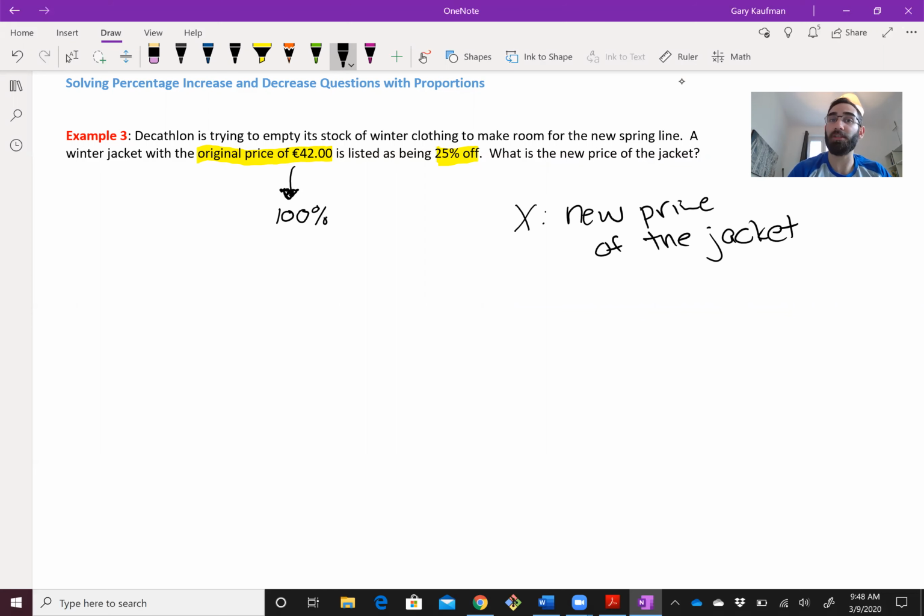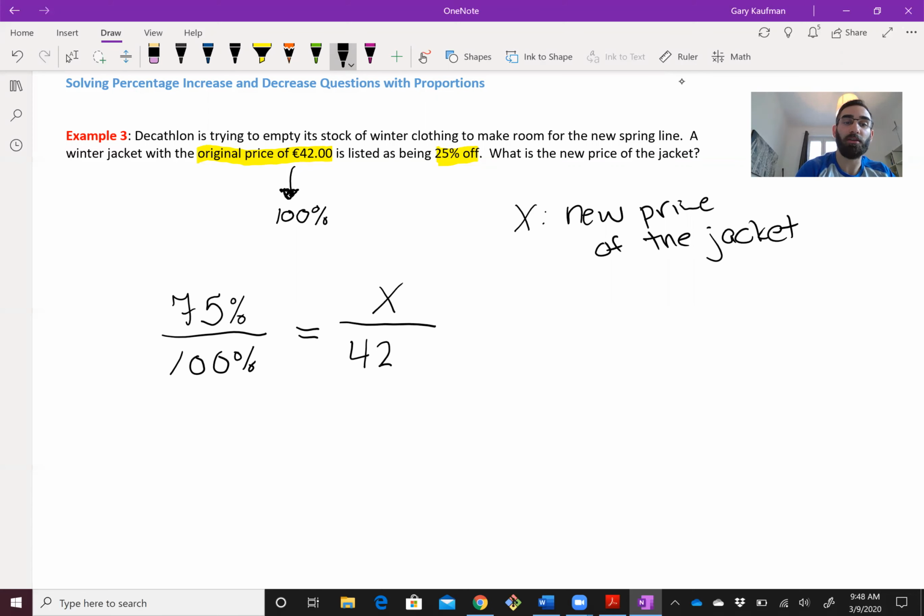Well, 25% off means the new price of the jacket is 75%. And I'm going to compare this with the original 100%. I'm going to set this equal to an equivalent proportion: the value of the jacket at 75% compared to the value of the jacket at 100%.